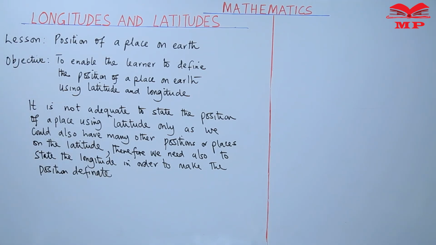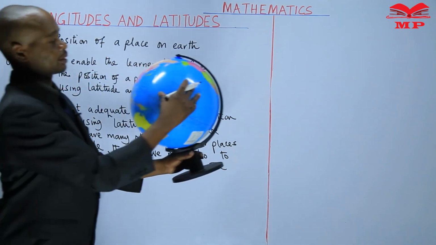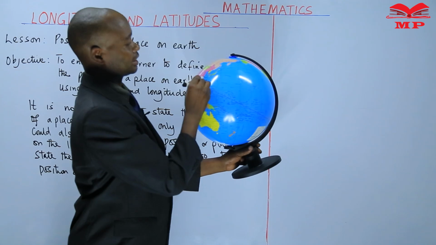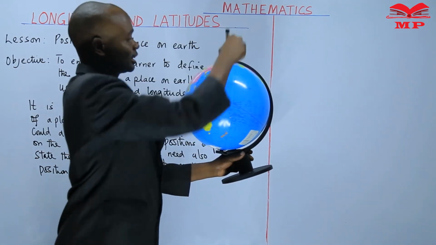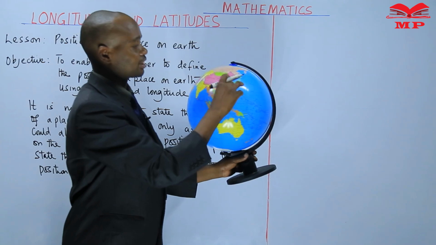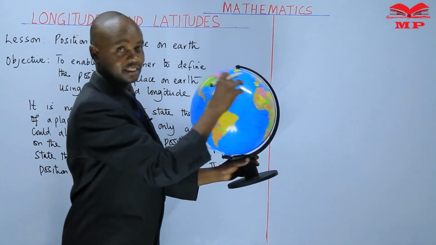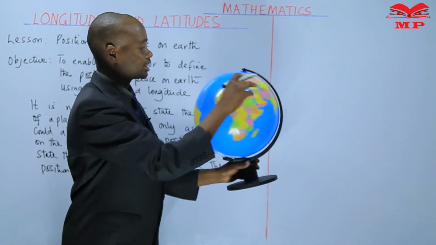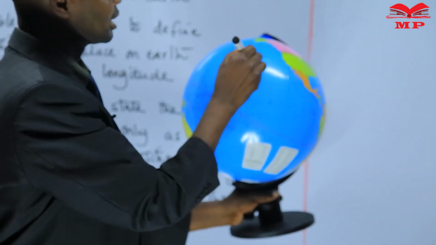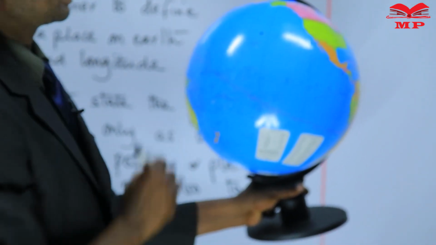So if I'm having this globe, if it is this place, we would state the latitude and also the longitude. But if you say the latitude only, there are so many places on that latitude. So when you state the latitude and longitude, the position becomes definite.